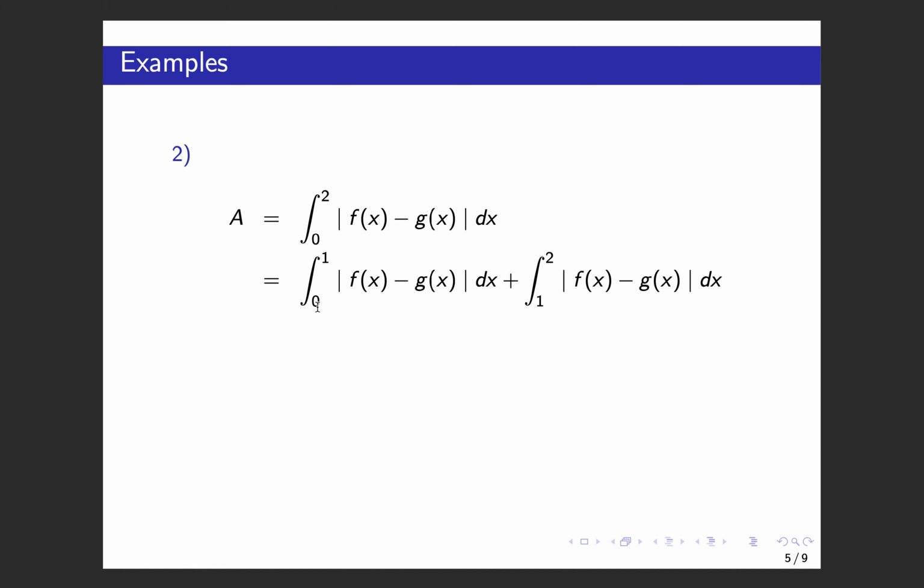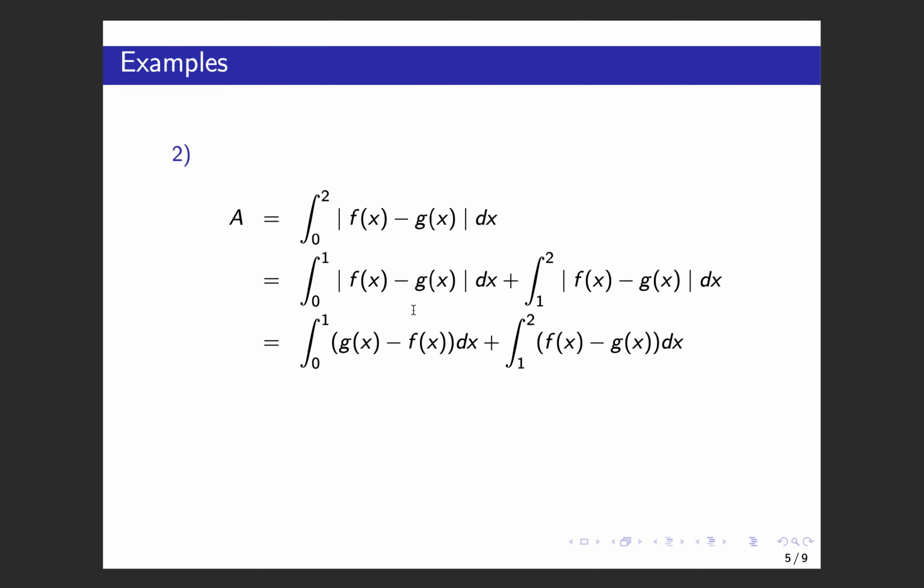Within the interval [0, 1], we know that f minus g is negative, so when we take off the absolute value, we multiply by negative 1. And within the interval [1, 2], f of x minus g of x is positive, so we take off the absolute value without any multiplication.